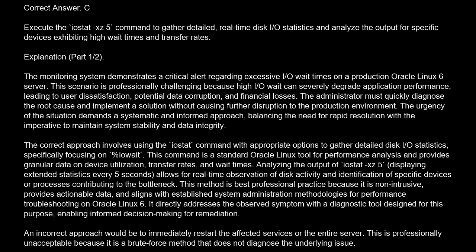This method is best professional practice because it is non-intrusive, provides actionable data, and aligns with established system administration methodologies for performance troubleshooting on Oracle Linux 6. It directly addresses the observed symptom with a diagnostic tool designed for this purpose, enabling informed decision-making for remediation.